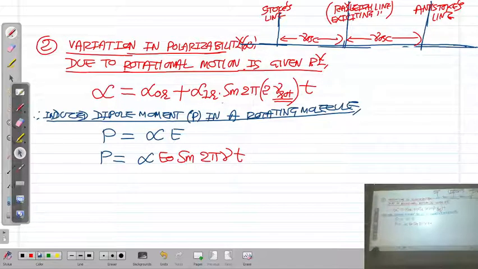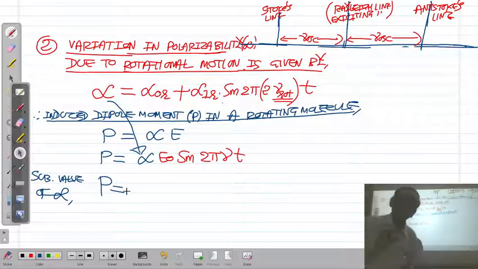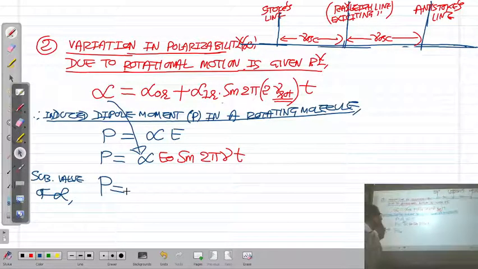Now in this equation we substitute the value of alpha. So substituting the value of alpha, we get the induced dipole moment in the rotating molecule P, which is directly proportional to the oscillating electric field of the incident light beam. So P is equal to some constant alpha times E. Alpha is the polarizability of the molecule, and the oscillating electric field of the incident light is E0 sin 2 pi nu t.